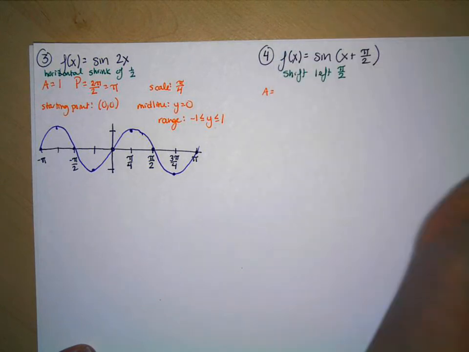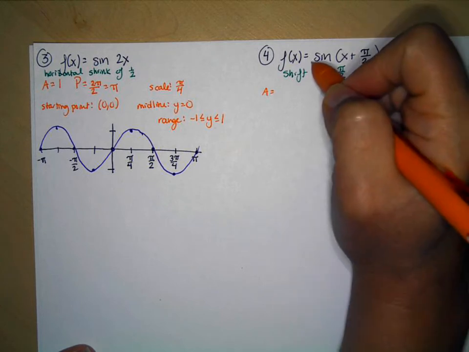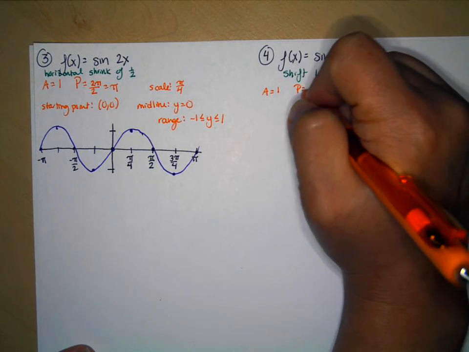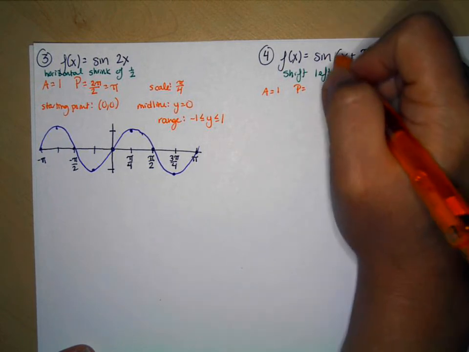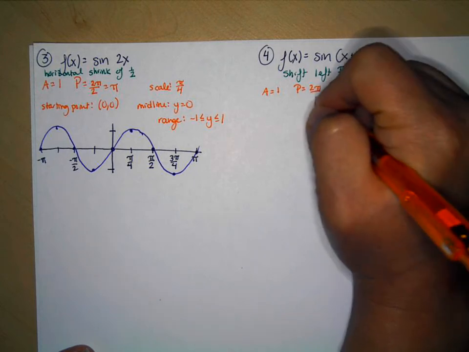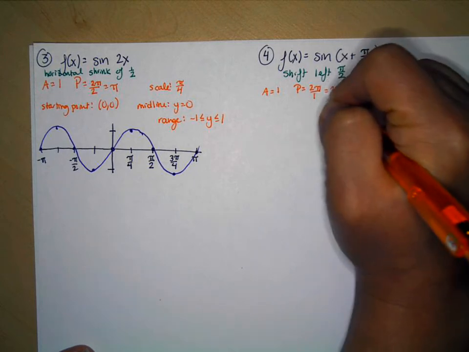Okay. We identify our amplitude, period, phase shift, vertical shift. A, our number in front of sine, would be a 1. Period. The number in front of our x we could also say is 1, so our period, 2 pi divided by b, 2 pi divided by 1 is 2 pi.